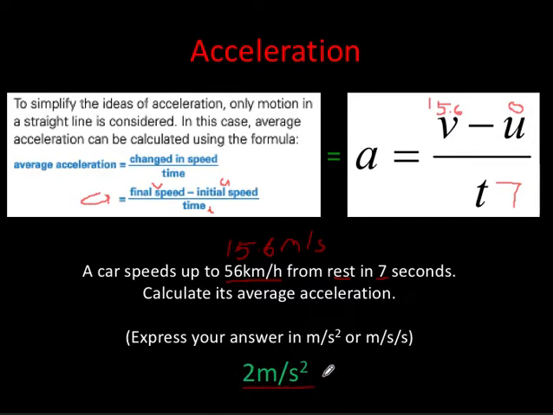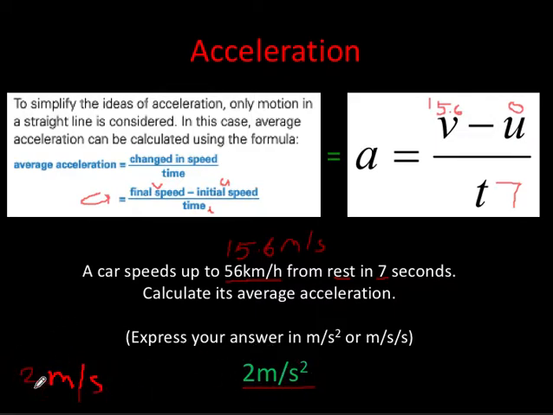Now take careful note of this squared symbol. This squared symbol is telling you that the car is accelerating. Every second the car is gaining another 2 meters per second of speed. Right, so this 2 meters per second squared is an acceleration. If I write 2 meters per second here, that is a speed and this is an acceleration.